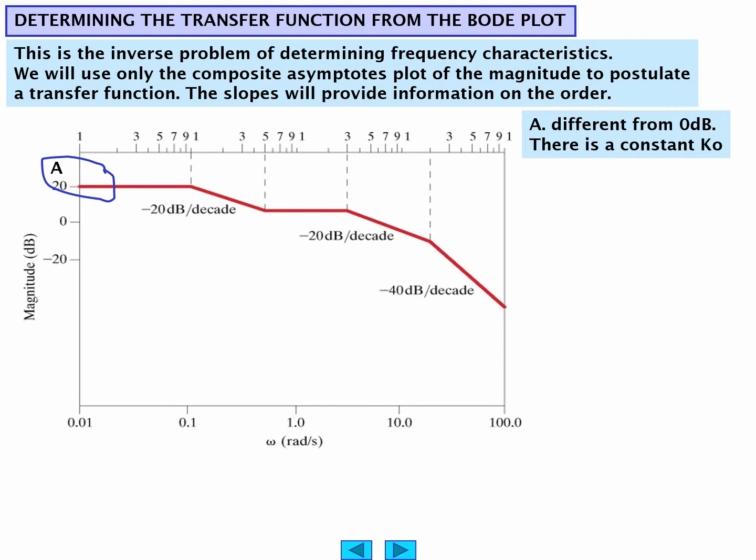Zero gain means there's an omega or an omega squared, omega cubed, etc. times the numerator. That is not happening here. So the first zero or pole is going to be over here. So first, the constant term.